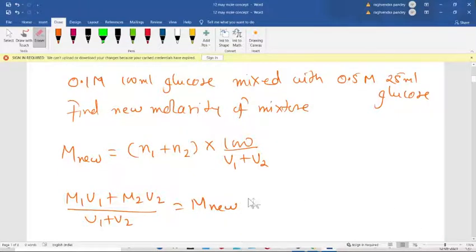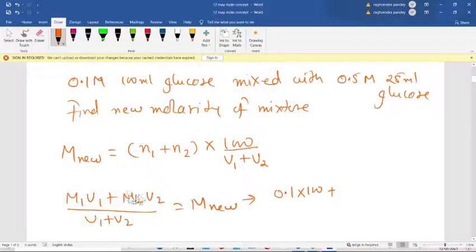Suppose we are using this one. Now what is m1 here? M1 is this molarity, 0.1. So M1 is 0.1. V1 is 100, so write 100.